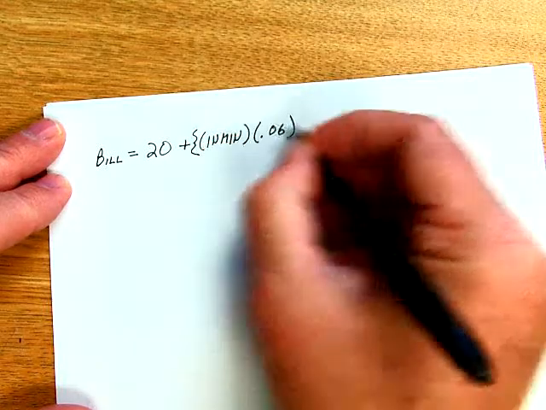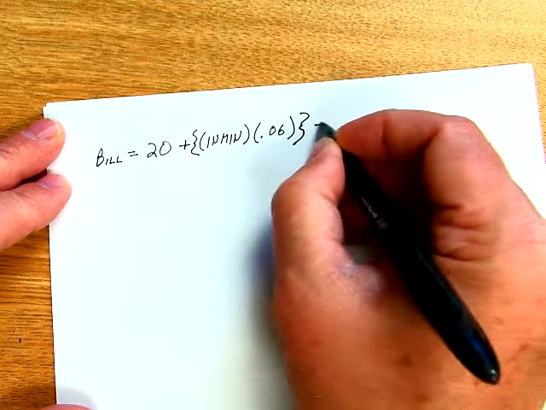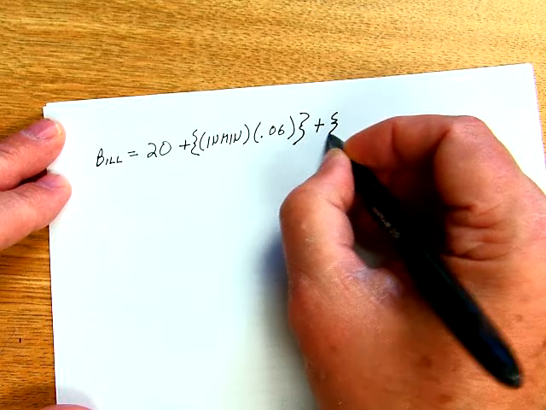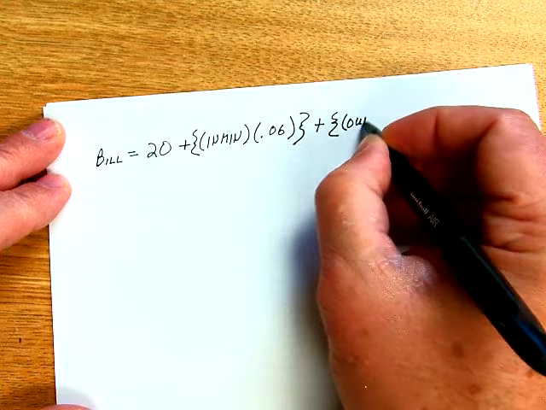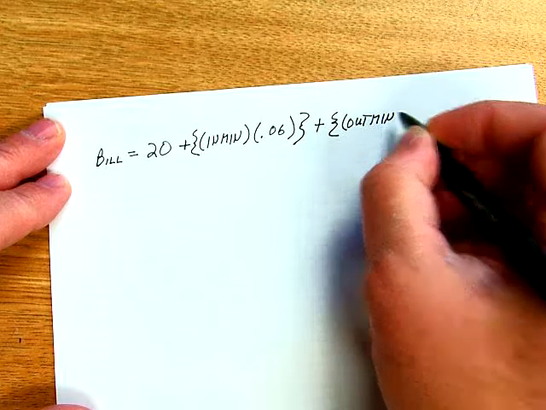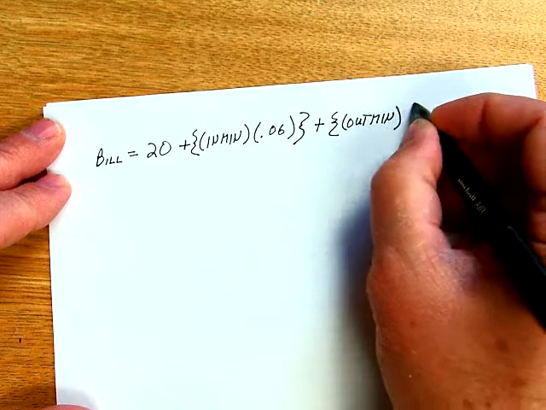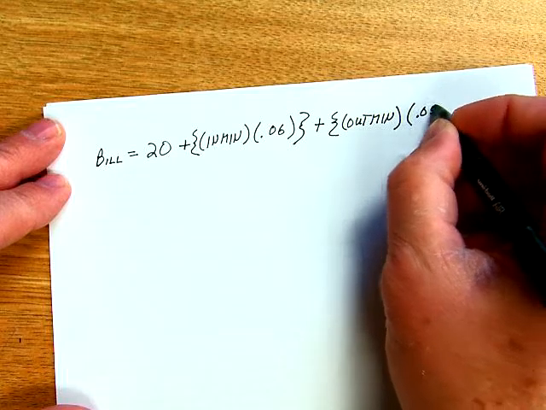So I'm going to put a bracket around that and that. And then I get to pay for my out-of-state minutes. Out minutes, I pay 5 cents a minute.